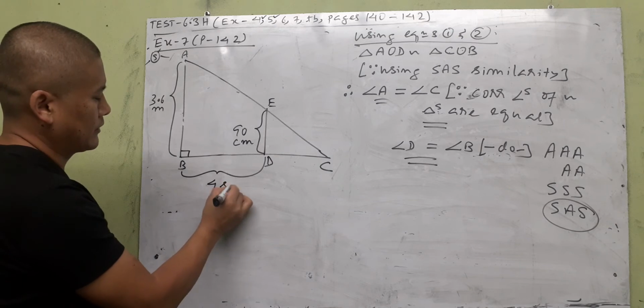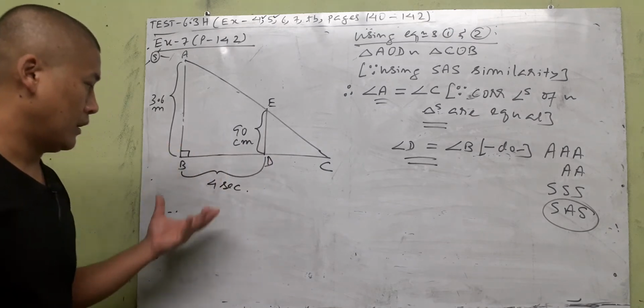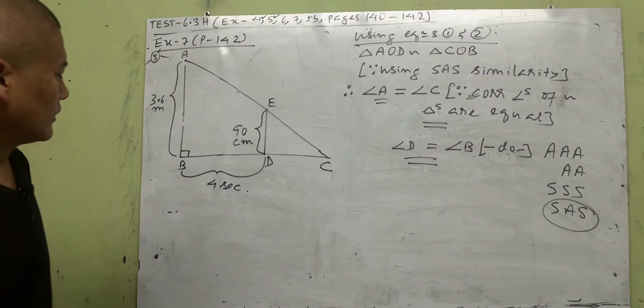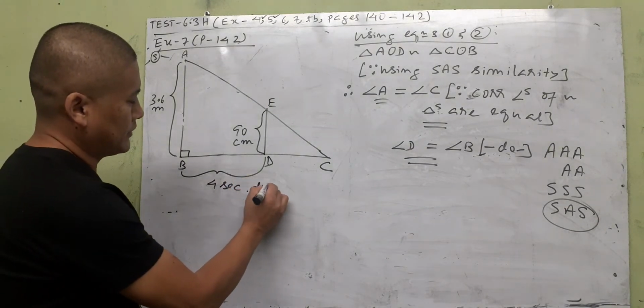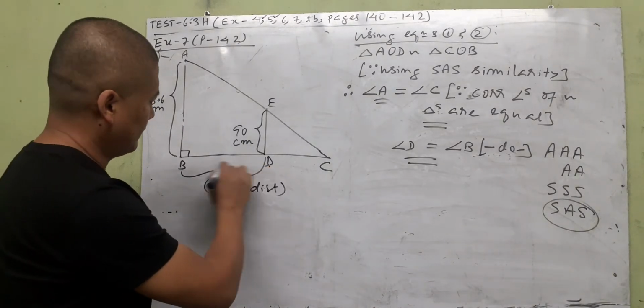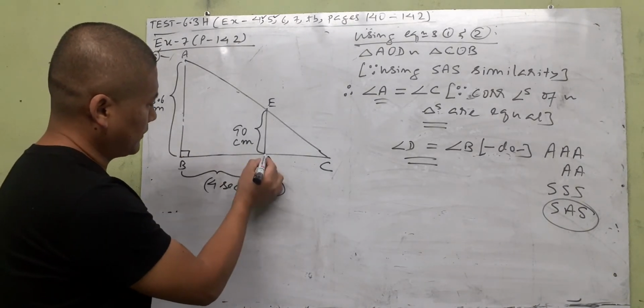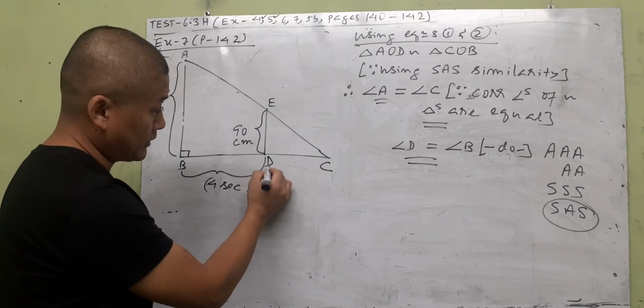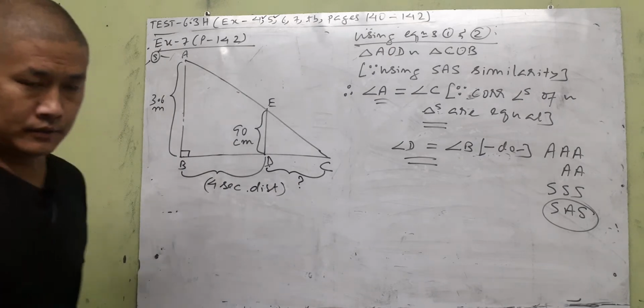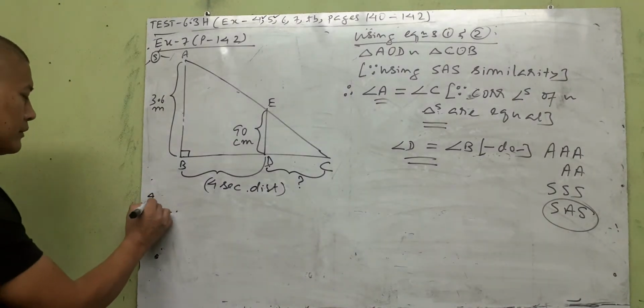After 4 seconds, she walked BD. So BD is the distance covered in 4 seconds. So they're asking us to find after 4 seconds, she from here, foot of the post to here, she reached after 4 seconds. At that time, what will be the length of her shadow? That's what they're asking.